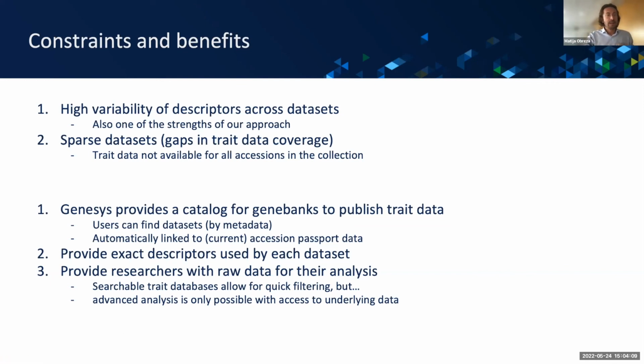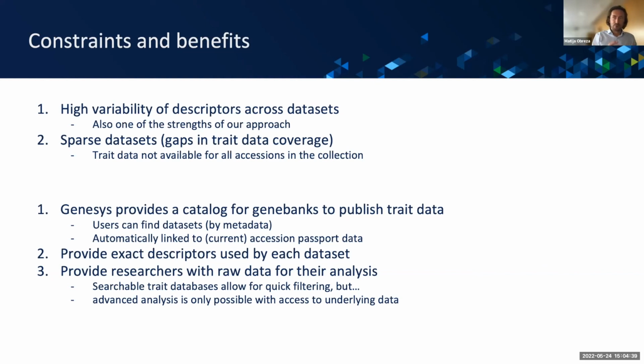I think one of the main benefits is really that researchers get the raw data that they can use in their analysis. Now, searchable trait databases let you do some quick filtering, but most researchers want to do advanced analysis, and for that you need direct access to the underlying data, so that you can link it up with genomic, climate, and other types of data.